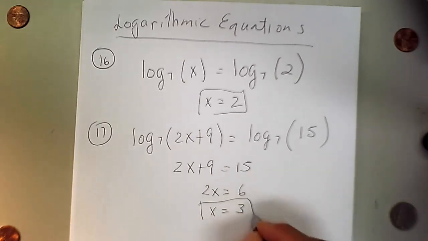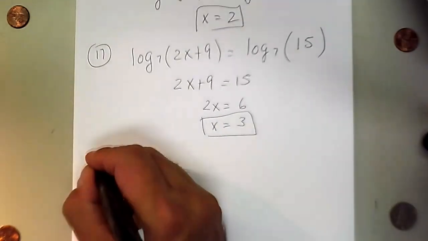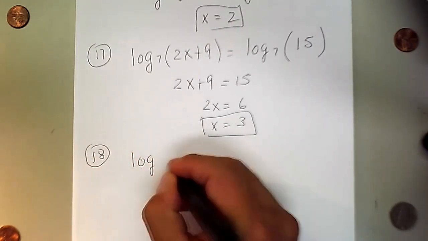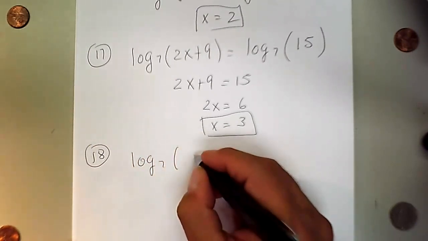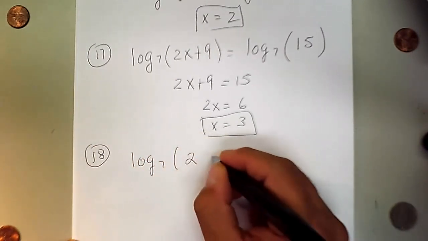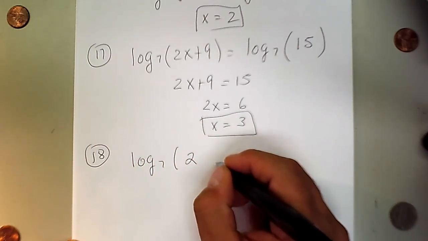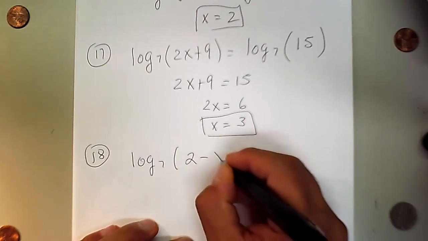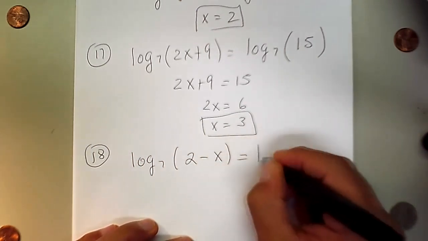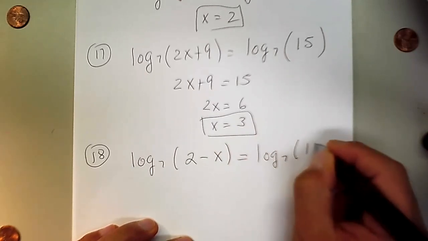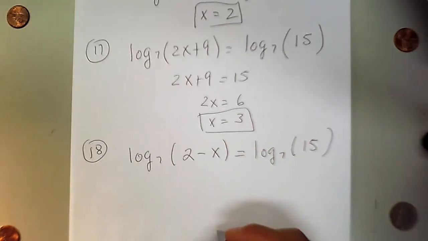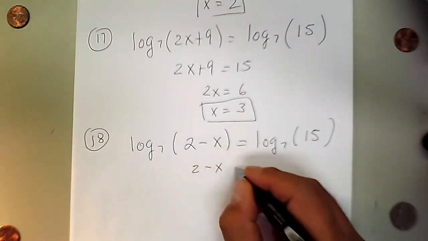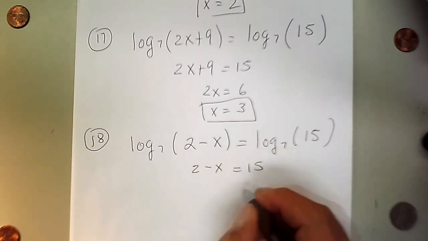And that's the solution. I haven't spoken about the catch, but I want to show you one other example before I do that. Logarithm base 7 of 2 minus x equals logarithm base 7 of 15. Okay, so same drill. 2 minus x equals 15.